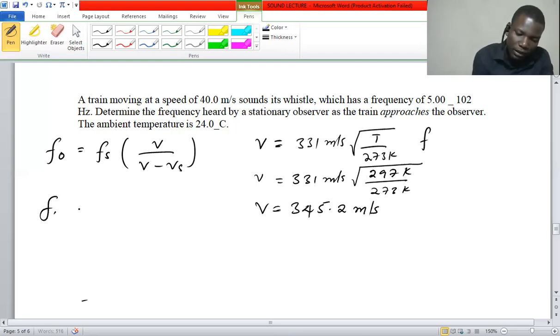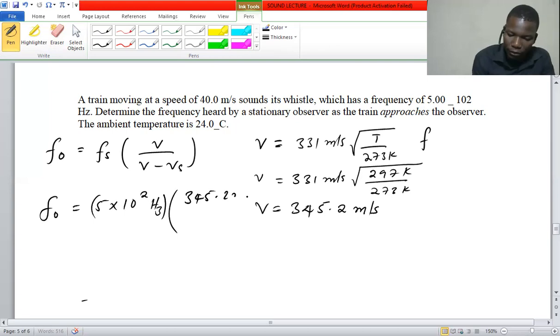Okay, so we substitute. So the frequency heard by the observer is going to be 5 by 10 to the power 2 hertz, and then we have 345.2 meters per second over 345.2 minus 40 meters per second.